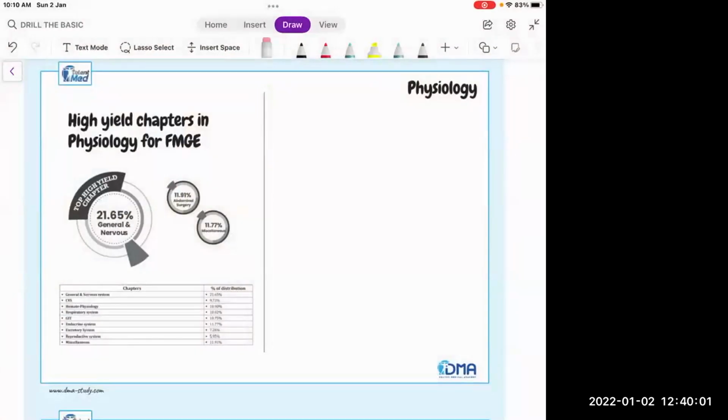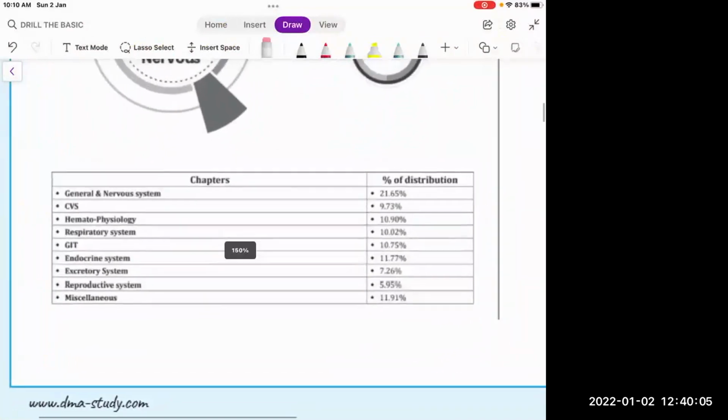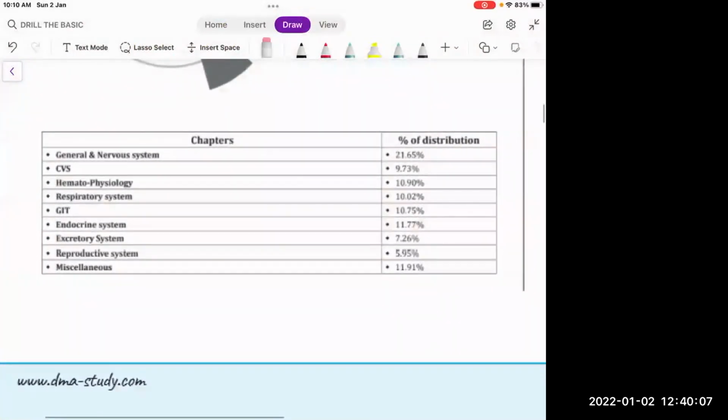So starting with the high yield chapters in physiology. These are all the important high yield chapters, where you can see over here the first concept is general physiology and nerve muscle physiology.